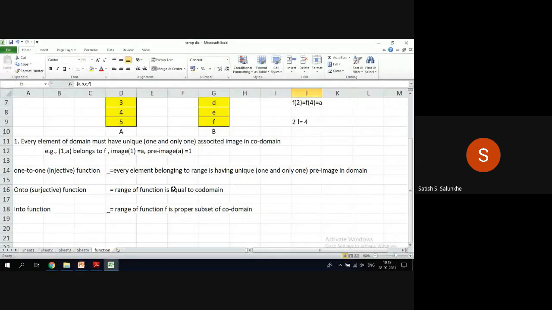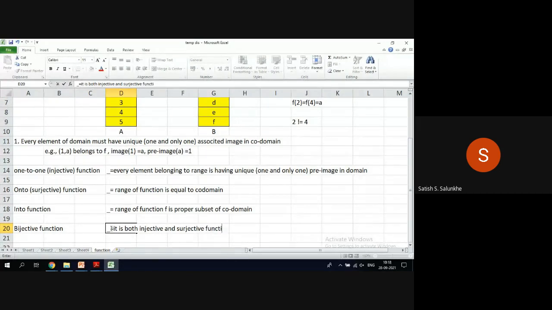Now, there is another, we say bijective function. We say the function is a bijective function when it is both injective and surjective.